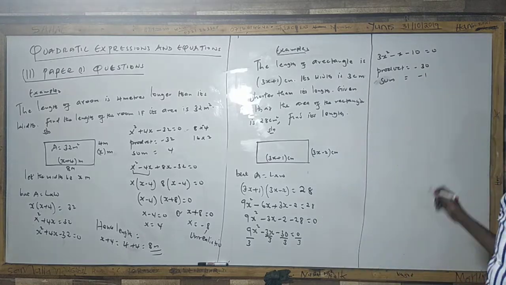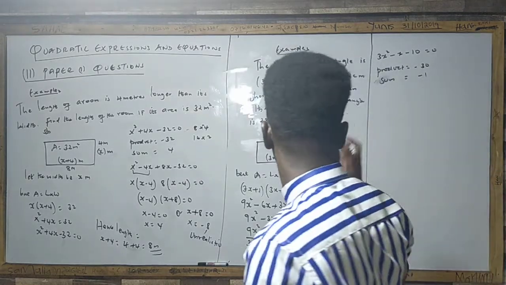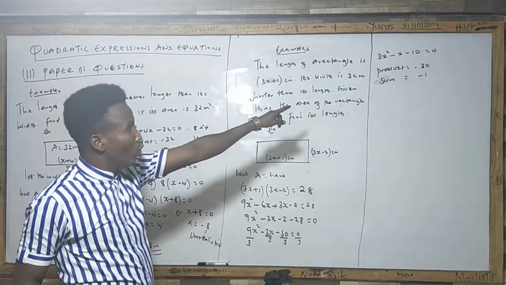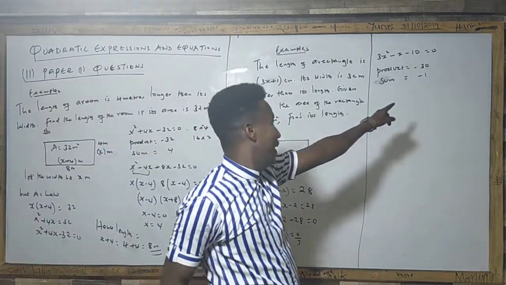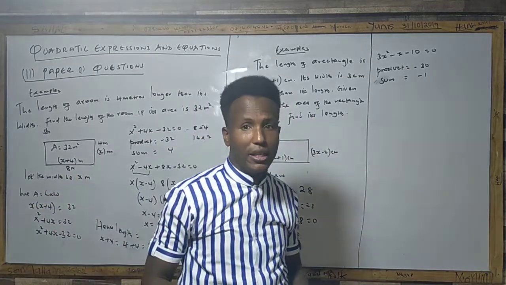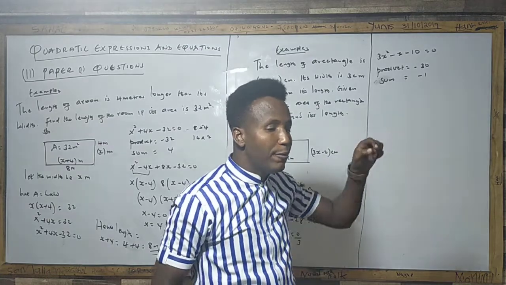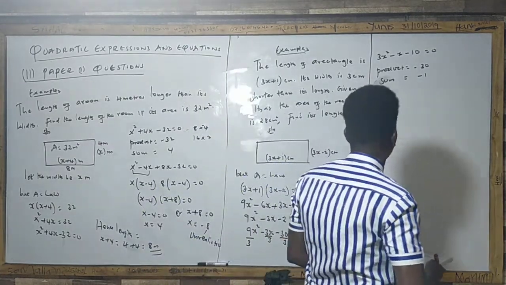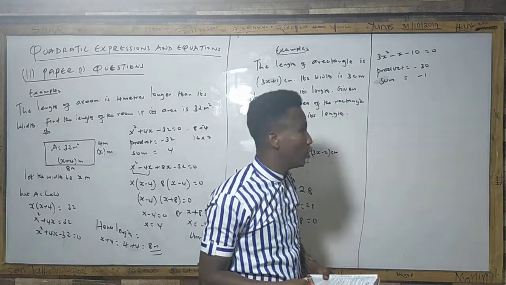So the bigger number this time will be negative, because when you look on the product side, we have a negative value. Again, when you look on the sum side, you also have a negative value. So between the two numbers, one of them will be negative and the other will be positive. Then the bigger number will be negative. And in this situation, we are going to check 5 and 6.